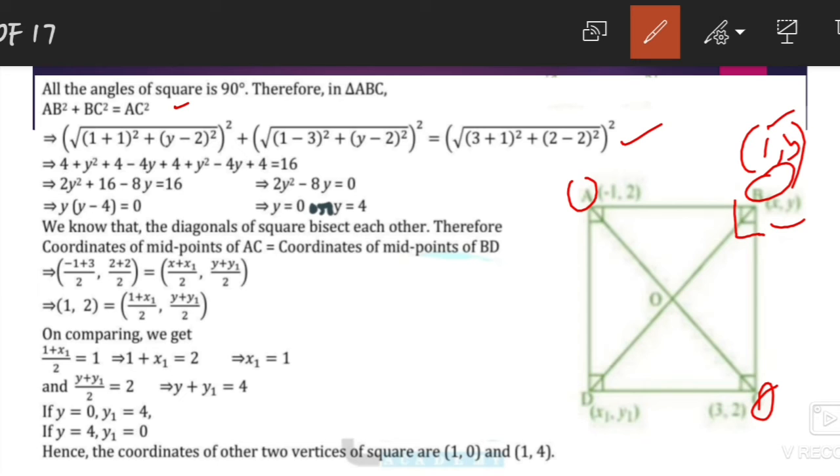If you put this coordinate in the distance formula, you can see that you are getting the value of y as 0 as well as 4. Here you are getting the factorized term y into y minus 4 equal to 0. From here you are getting two values of y. One is y equal to 0, another one is y equal to 4.